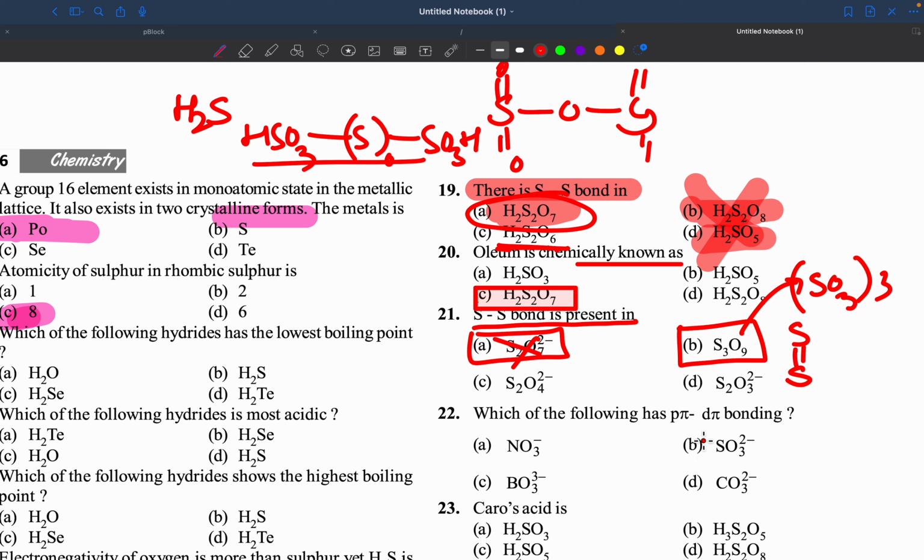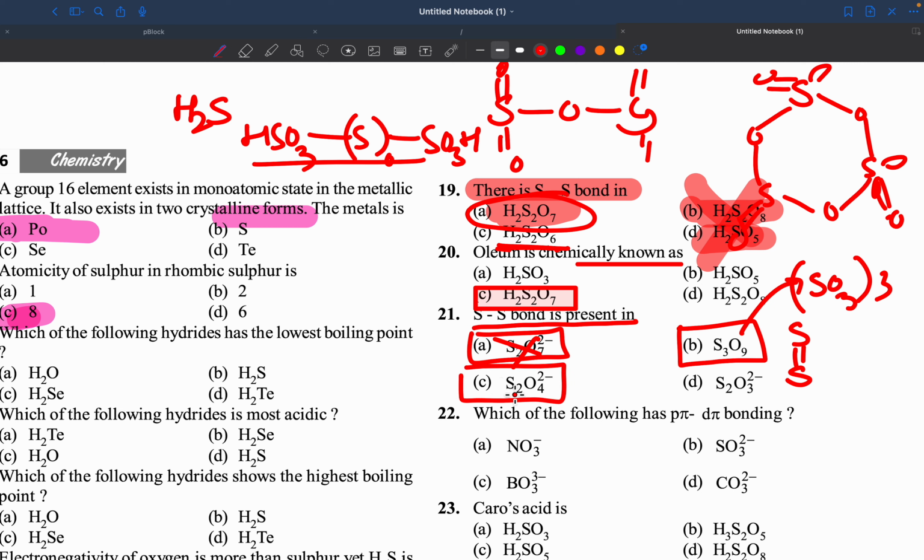So it has a structure like this: sulfur, oxygen, sulfur, oxygen, sulfur, oxygen, and each sulfur has got two oxygens, one lone pair. So this is double bonded oxygen. So the answer is S2O4, Na2S2O3. So the answer is this one.